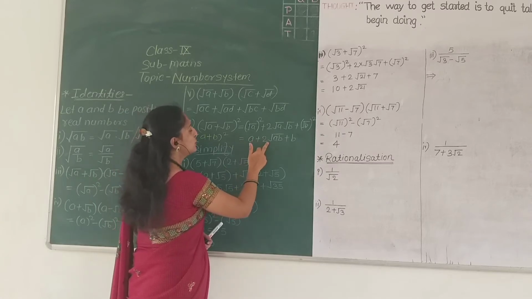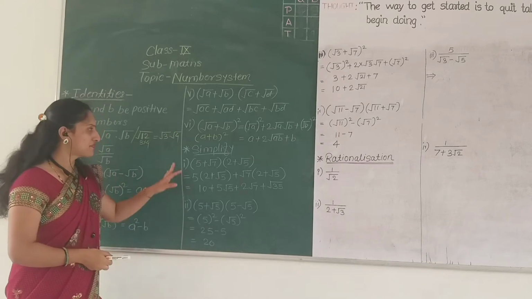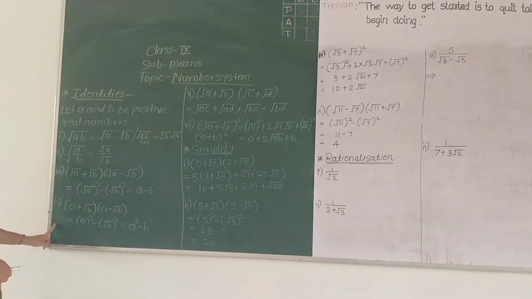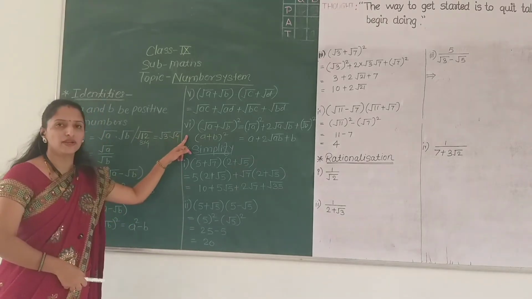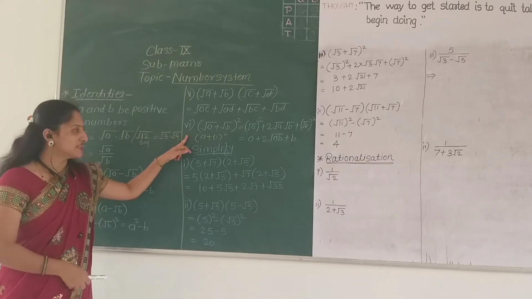A plus 2 root AB plus B. Okay. So there are 6 identities. You have to remember these identities while solving some equations.